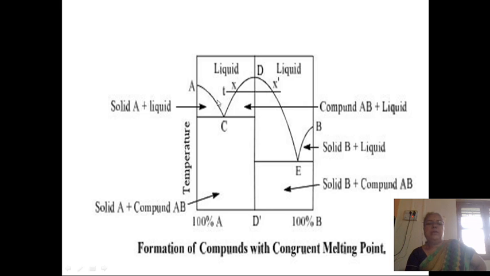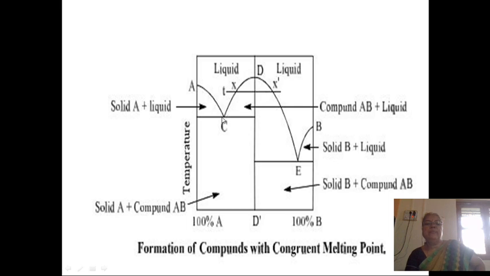Then, as all of you already know, the freezing point or melting point of solid A decreases along the curve AC due to the addition of B into A. And at this C point, in the mixture of A and B, a new solid is formed.